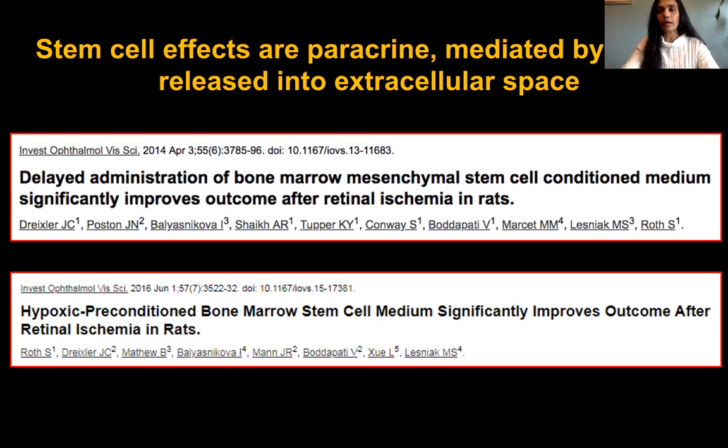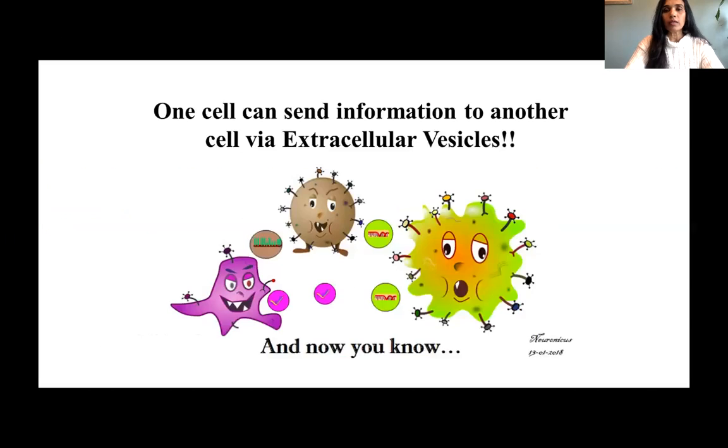We did normoxic preconditioning and hypoxic preconditioning of the stem cells, and injected both these conditioned media into the ischemic eye of the rat in vivo model, and we found that they have a similar protective effect as the parental stem cells. So this led to the study.